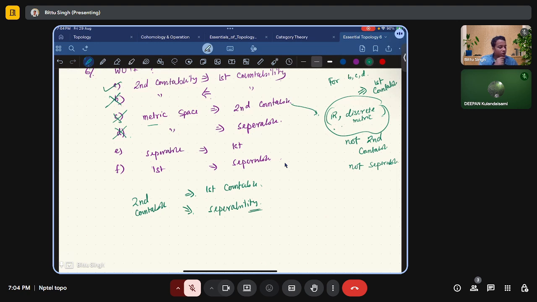And now what about separability implies first countability? Again, a separable space may not be a first countable space. That example is also observed, right? For example, R with lower limit topology.